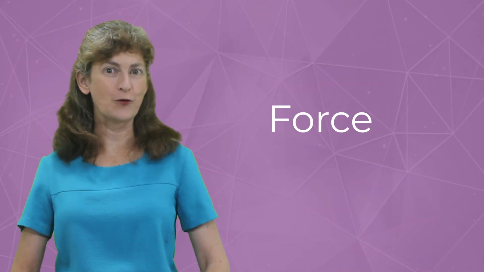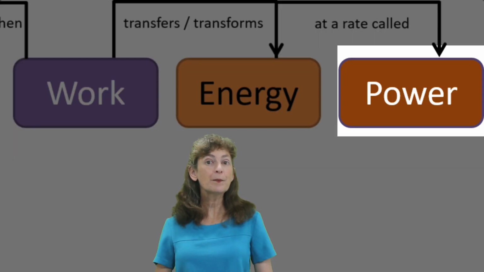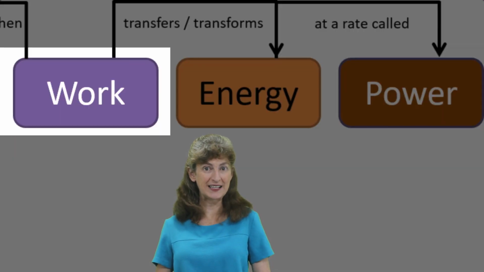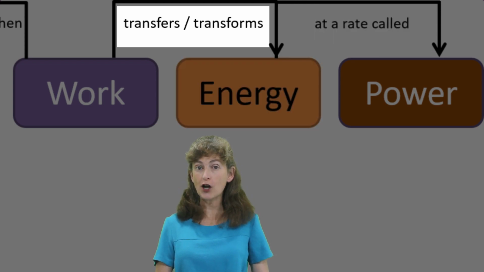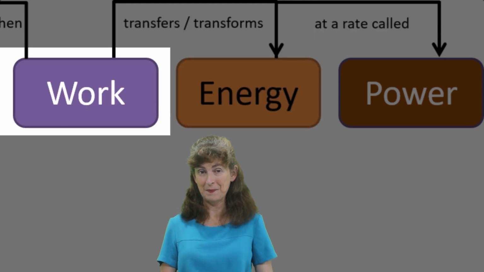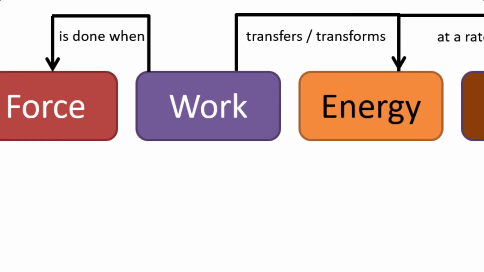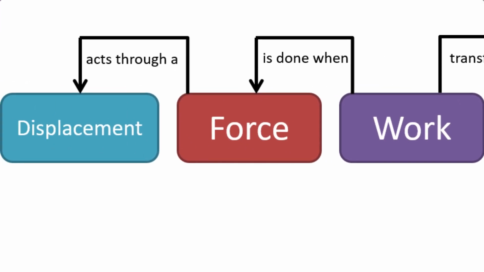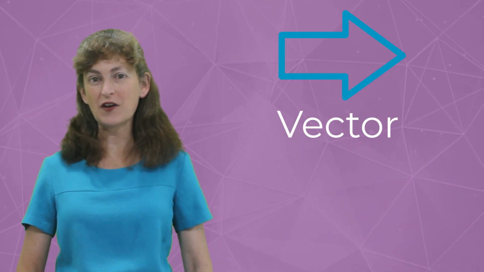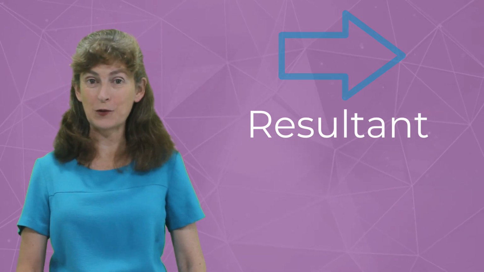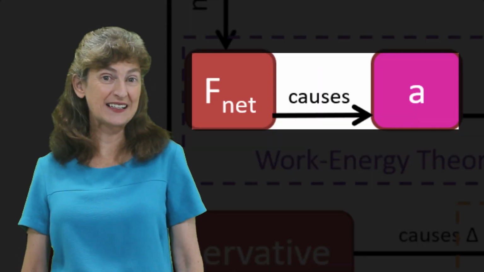First, a force perspective. We know that power is the rate at which work is done, which is the same as the rate at which energy is transferred or transformed. And work is done when force acts through a displacement. We also know that force is a vector quantity, and forces add vectorially to cause a resultant force, F net, which causes acceleration.